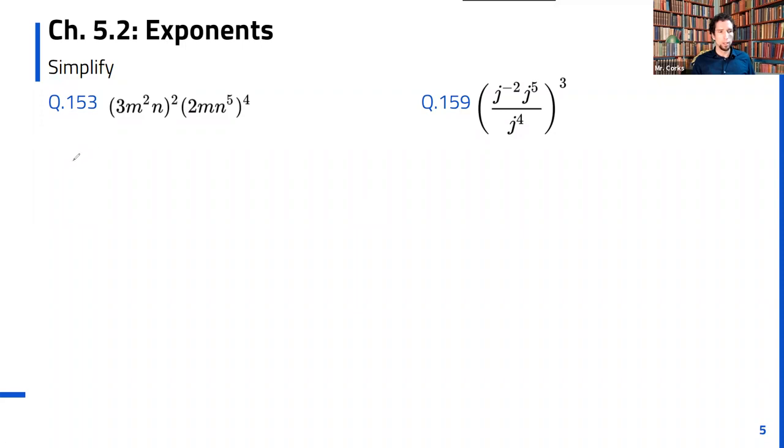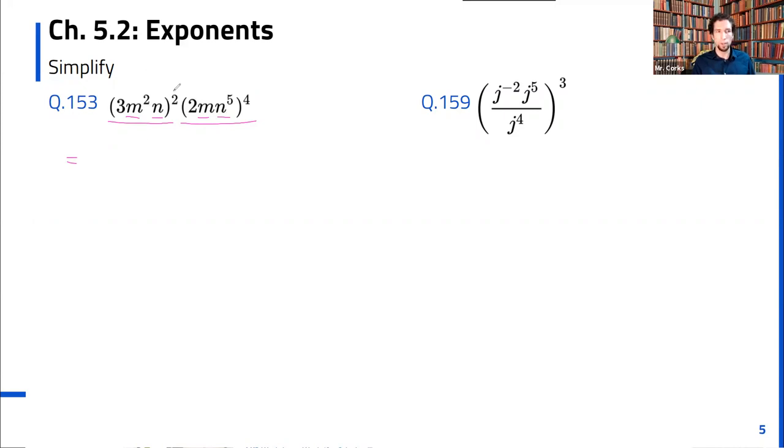Okay, let's try to solve these. So the one on the left, let's take each of them separately first, but then we see, okay, there's an M on both sides, there's an N on both sides. We're going to have to combine these at the end, but for now, let's keep them separate.